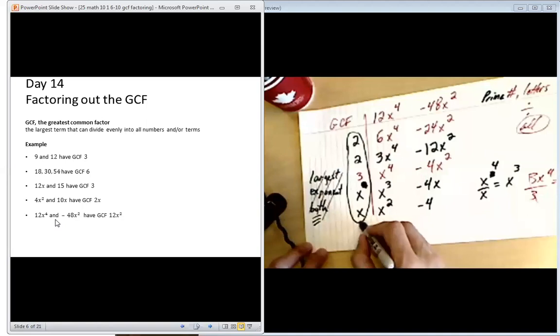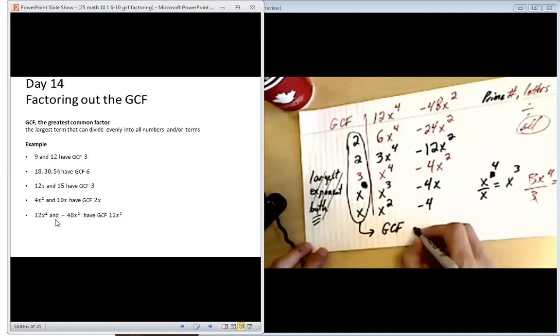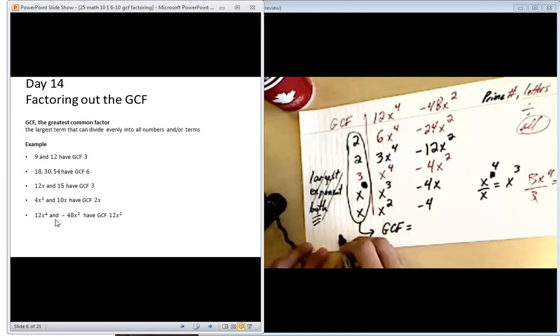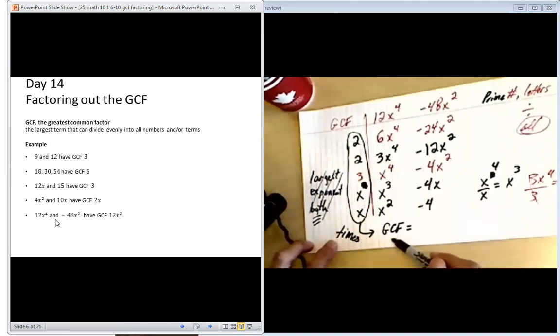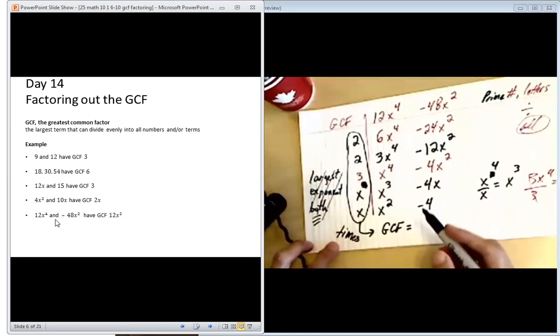So to get the GCF, we multiply all these together. I'll write a times here just because I'm running out of room. So I go times, to get the GCF, 2 times 2 times 3. 12 for sure.